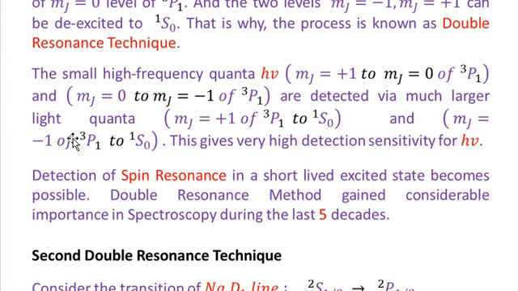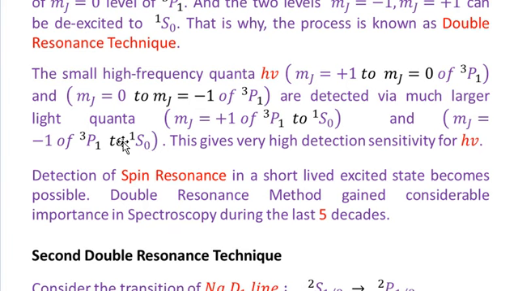So you see that we are detecting the small separation between the Zeeman levels using a much larger light quanta, that is from Mj is equal to plus 1 of 3p1 to the ground state 1s0, and similarly from Mj is equal to minus 1 of 3p1 to the 1s0 level.